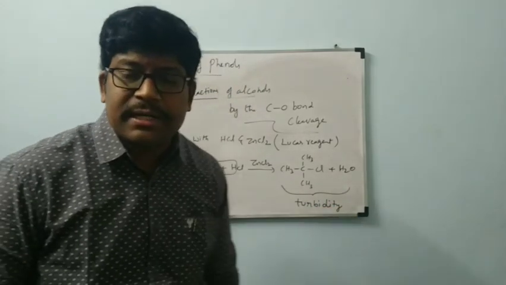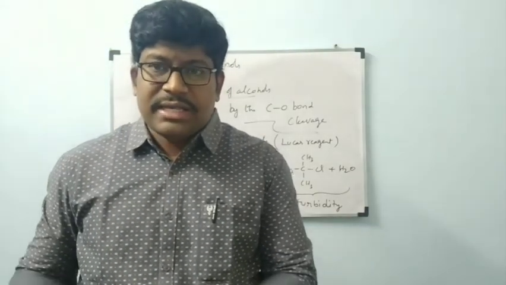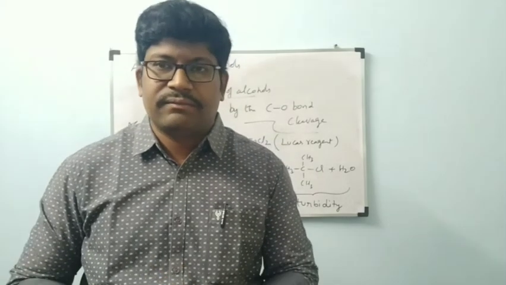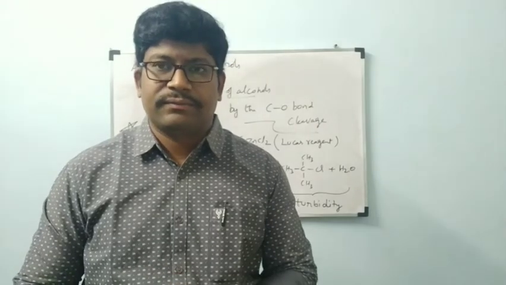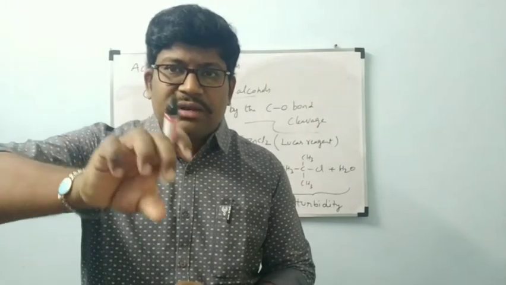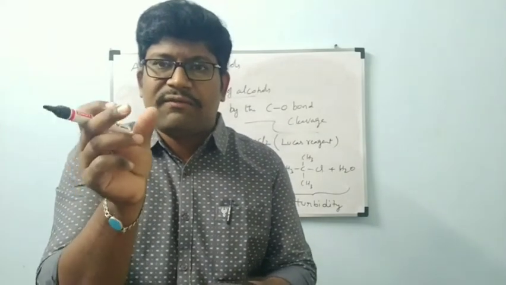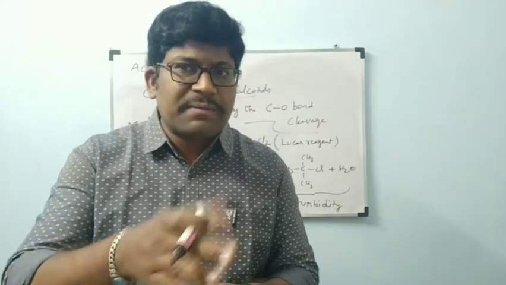Sir, what is meant by turbidity? Easily we can understand. In olden days, and even now in some homes, they use phenyl. Generally we say phenyl, but that is phenol. Before cleaning the floor, we add a little phenol to water. That phenol will not be soluble in water.